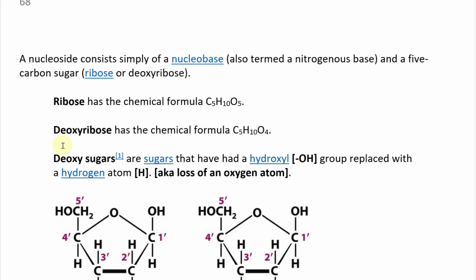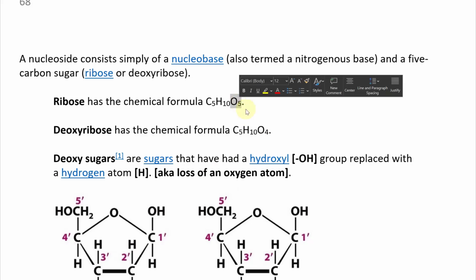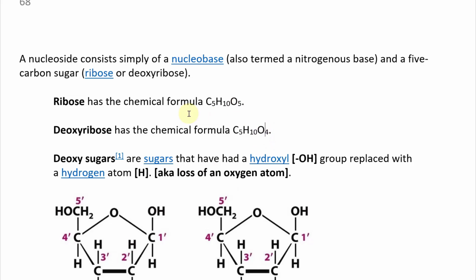So deoxy means removing one of these oxygens. Deoxy sugars are sugars that have had a hydroxyl or OH group replaced with a hydrogen atom, aka loss of an oxygen atom. So you remove the oxygen right here. Notice H5, this is H4. So it's a ribose, and then you have a ribose with a loss of an oxygen, or deoxyribose.